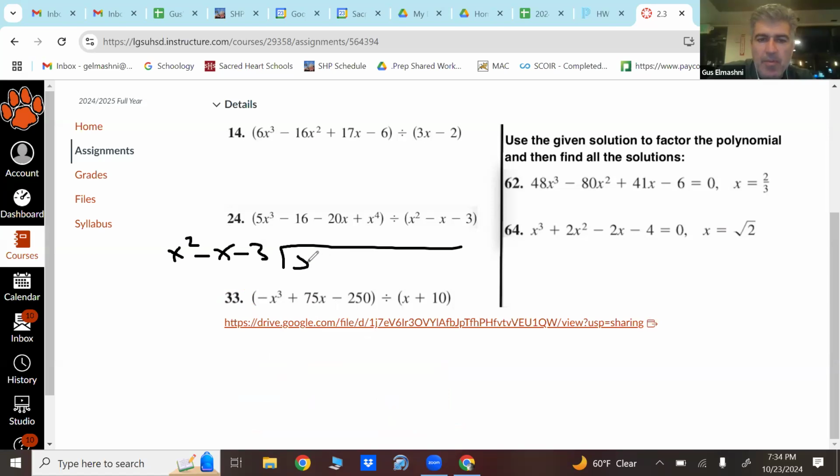Oh, geez, you have to put it in the right order, so you've got to be careful about that. And actually, I should put 0x squared.